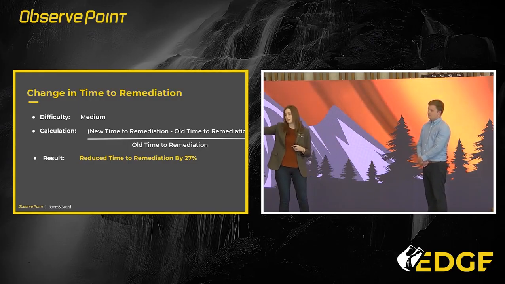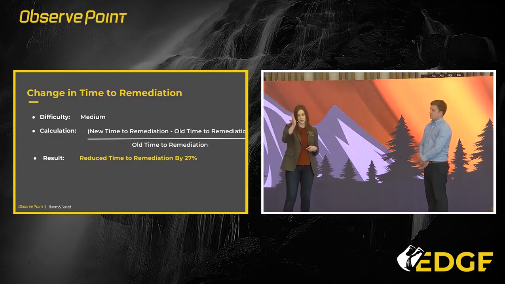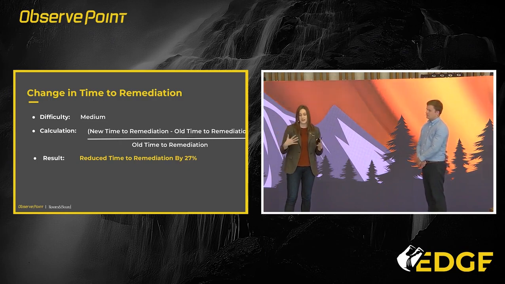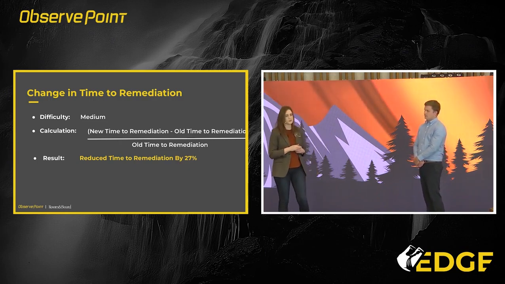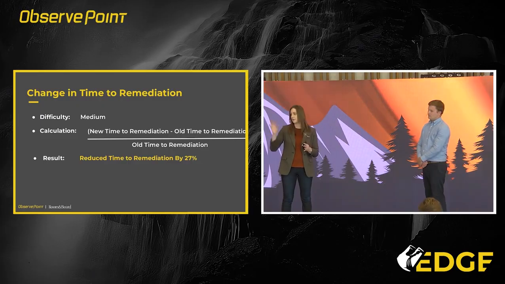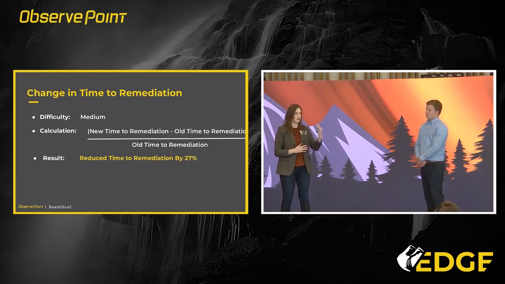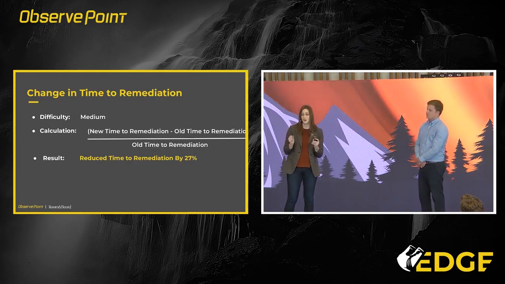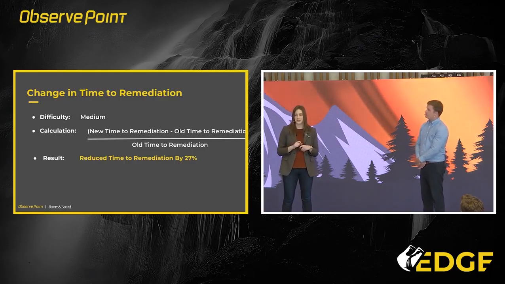You can get your timestamps directly from your work management tool. We told you about it at this point. It took you this long to mark it done. What is that time in between, right? And so we do that, again, over the course of a period of time to get an average. Then we say, okay, now that we have ObservePoint, now that we've automated the work of creating a ticket, assigning a ticket, prioritizing a ticket, getting it into your queue, what's that new time to remediation?